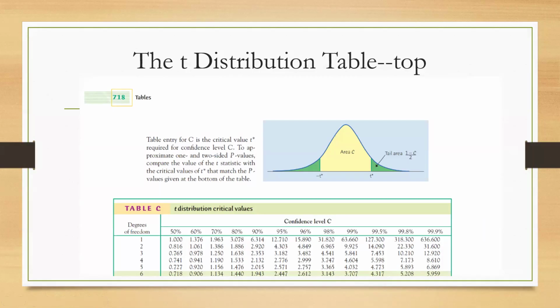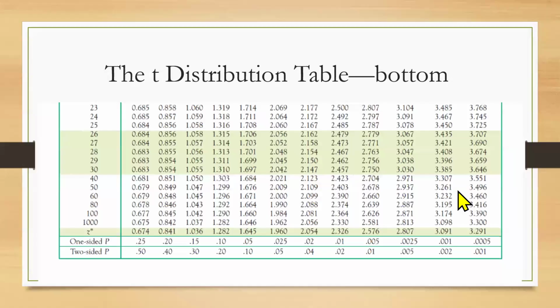But how we're going to use it more commonly in class is if we scroll further down to the bottom, it's actually going to give us our P values corresponding with these particular values of T. Notice that we have a one-sided value and a two-sided P value.